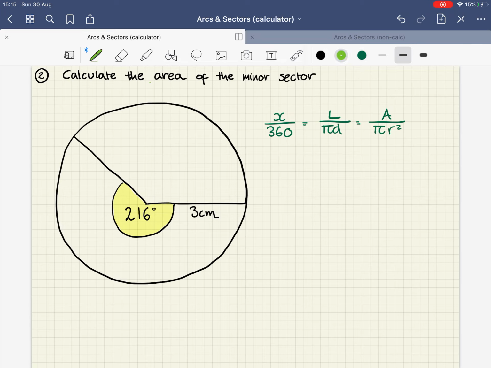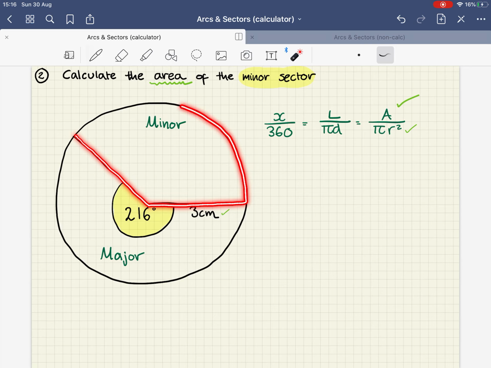Now, one key thing to make sure you do pay attention to is if it does use this term minor sector. So remember, the smaller one of your sectors is your minor one, and the larger one is your major. So that means it's actually asking me to calculate the area of this sector here.